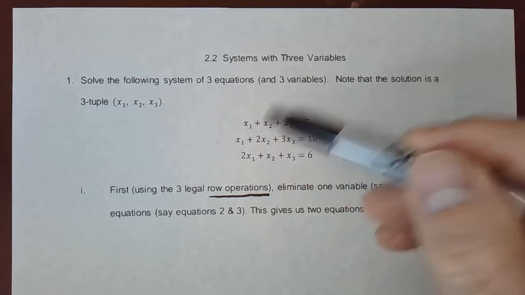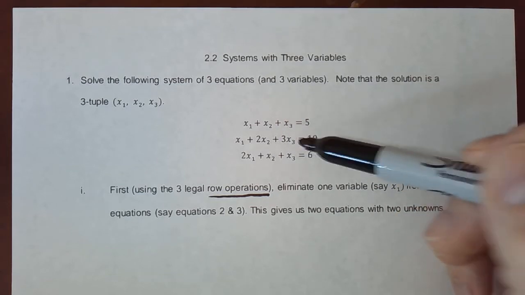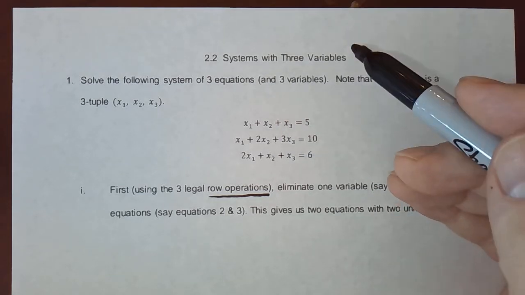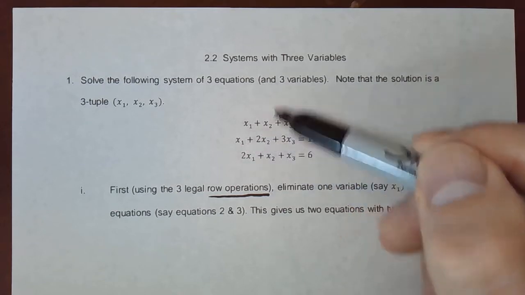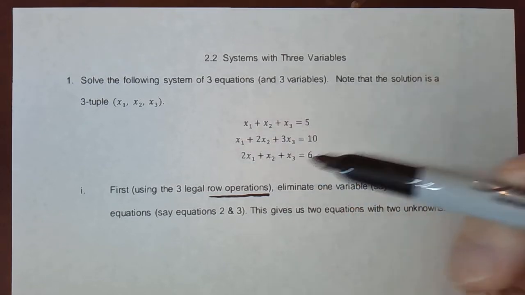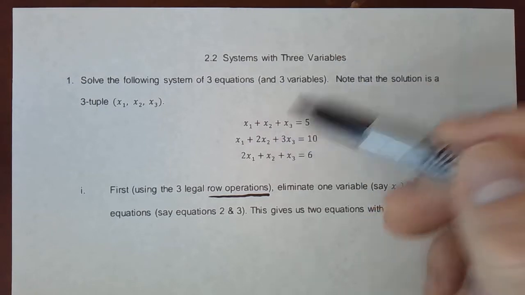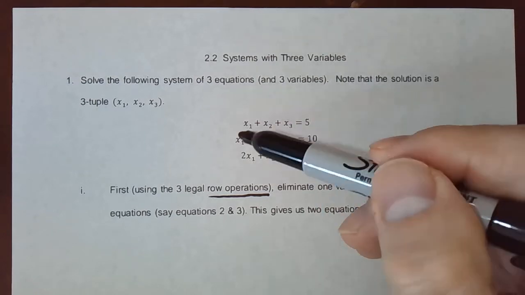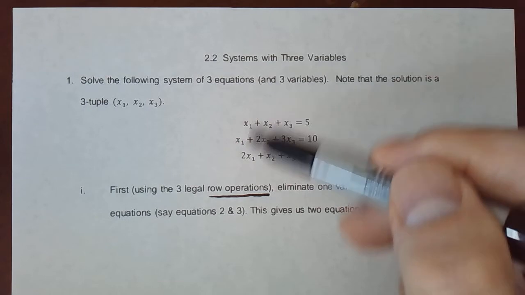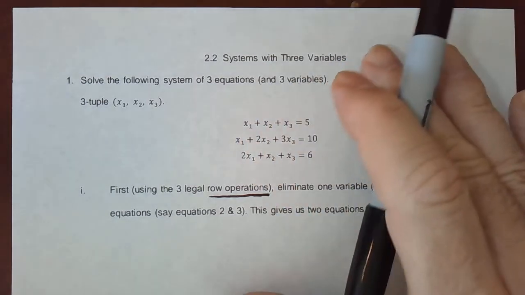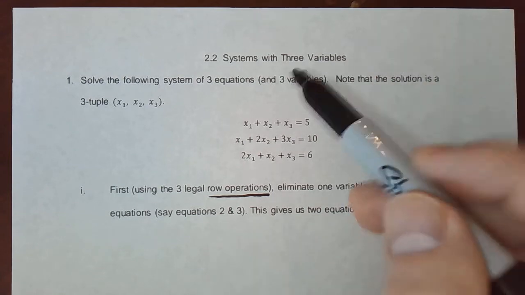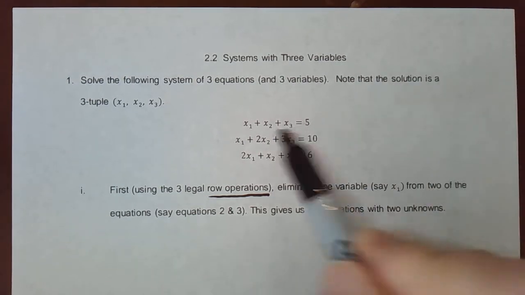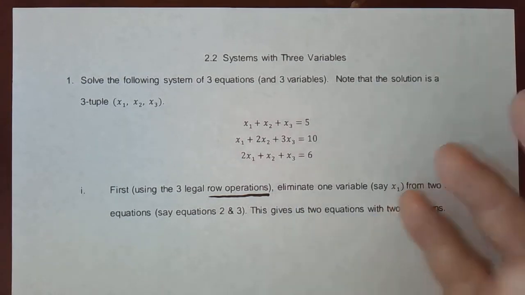And you might notice that if we were to add rows 1 and 2 together to get a new equation, that wouldn't do much for us. That would give us two x1s. But if one of these x1s were negative, and we added the two equations together, a negative x1 and a positive x1 would cancel out. They would be eliminated. That would greatly simplify things for us. So perhaps in a minute, we're going to take one of these rows and multiply it by -1.